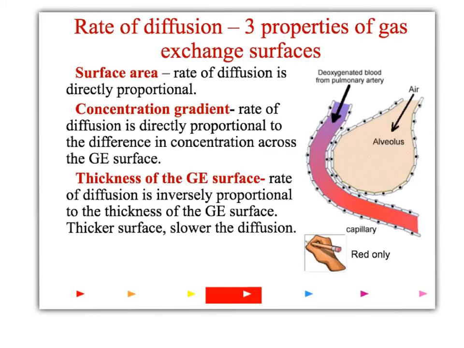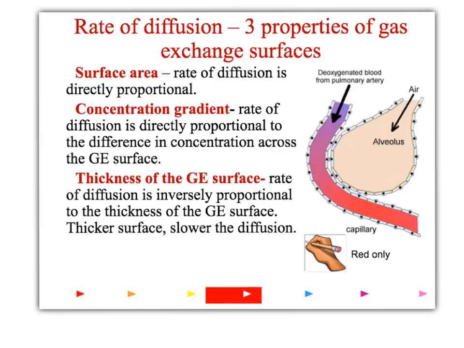So the rate of diffusion and gas exchange surfaces such as the villi in the gut and the alveoli in the lungs depends on the surface area, so they both have an increased surface area. A concentration gradient: essentially, the bigger or steeper the concentration gradient, the faster the diffusion.